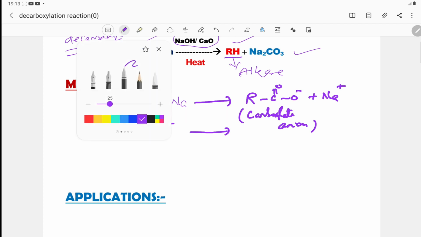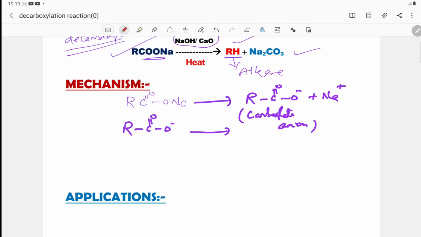In the main step, the oxygen carrying the minus charge delocalizes towards carbon, and simultaneously R minus is lost. The electron moves towards carbon, and as carbon valence is 4, carbon forms a double bond, then loss of R minus takes place.